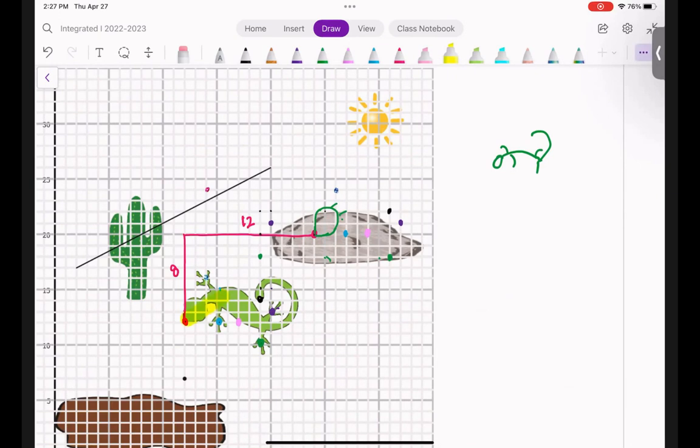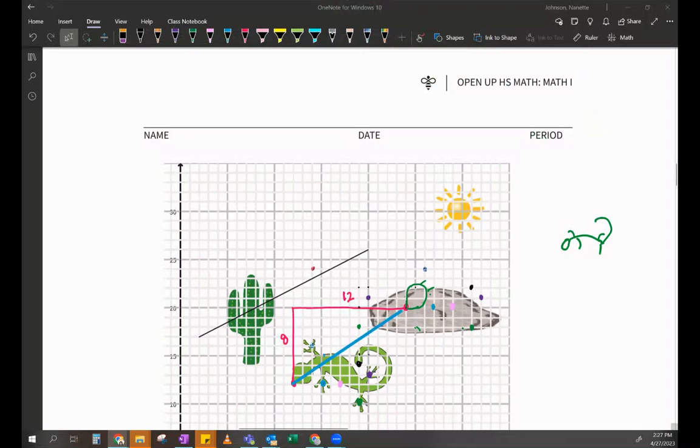Wait, where'd it go? Shapes. Oh, it's highlighted. That's not what I wanted. Hold on a second. Okay, so what I did is I had to switch to this so I can actually draw.